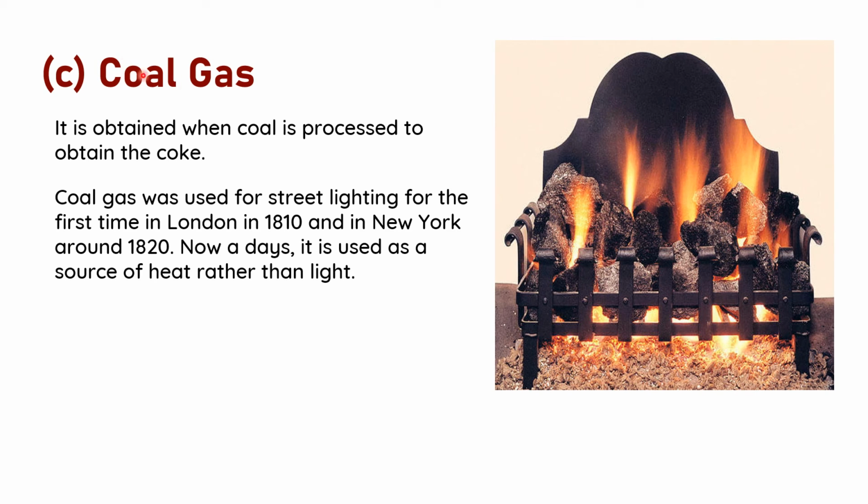Next is coal gas. It is also obtained from coal, and when coke is obtained from coal, coal gas is also formed as a byproduct. Coal gas was used for street lighting for the first time in London in 1810 and in New York around 1820.